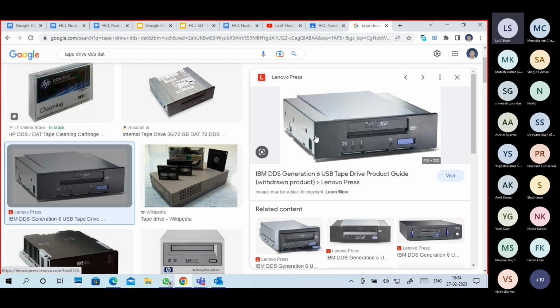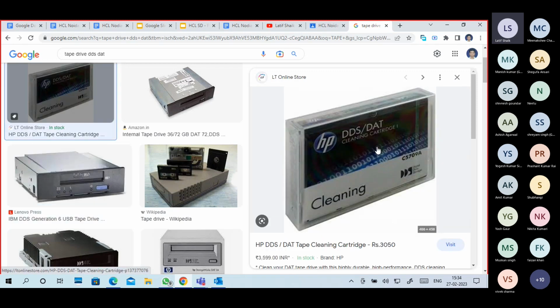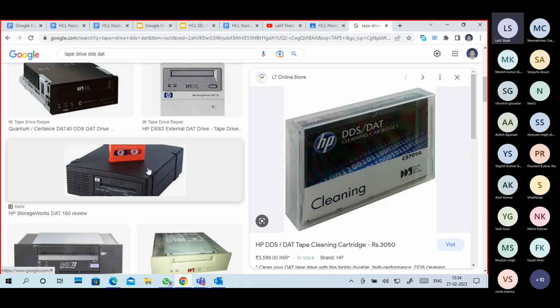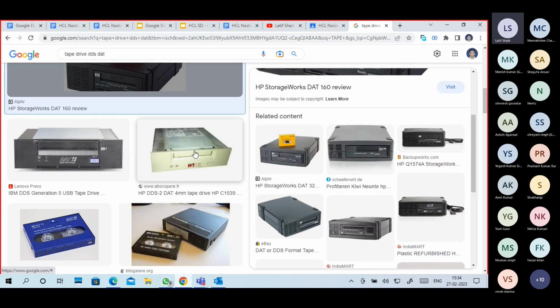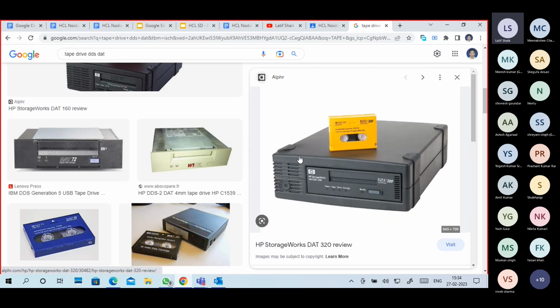It is the same magnetic case. It's a sequential memory, meaning you cannot access a particular file directly. In our computer you can access any file directly, but this is not like that. It is sequential memory, one by one you have to access.